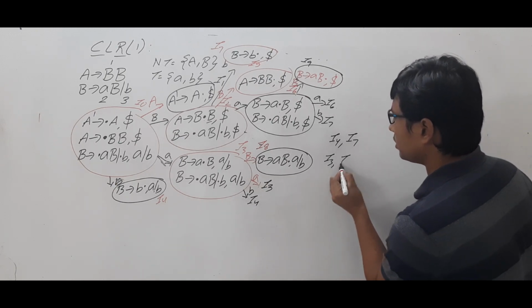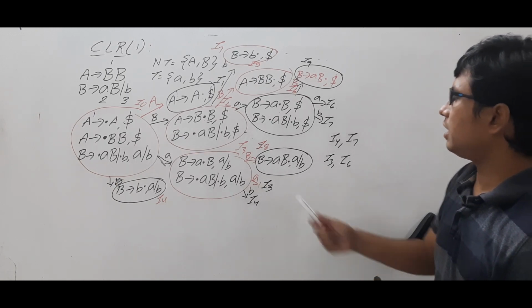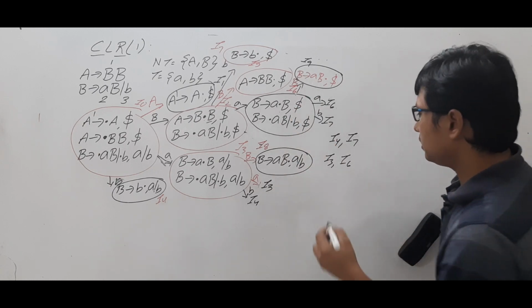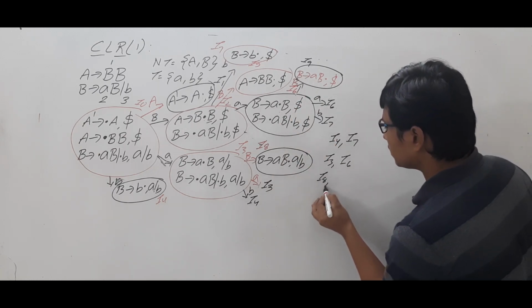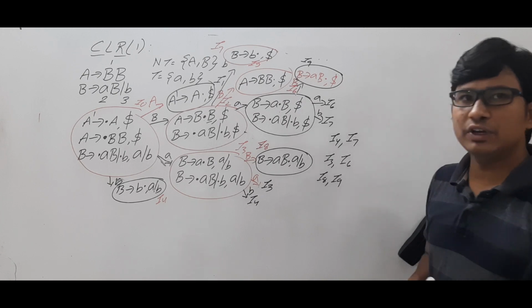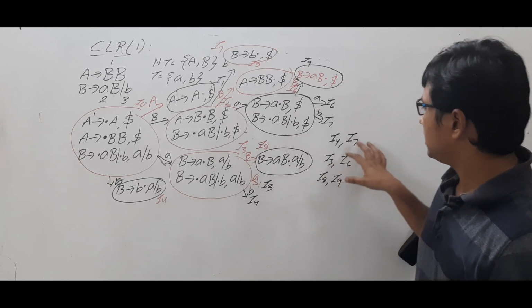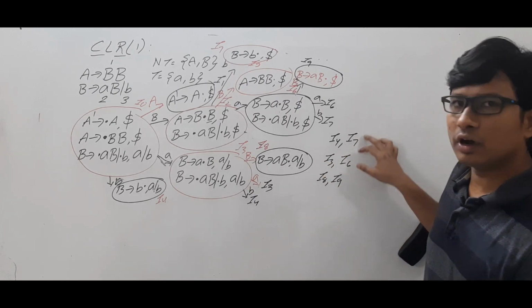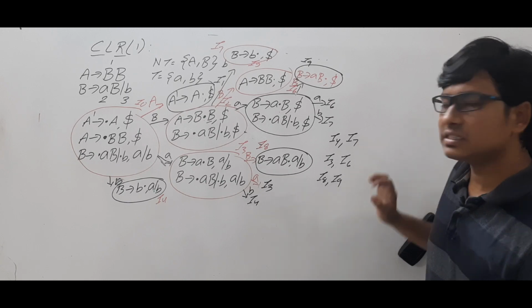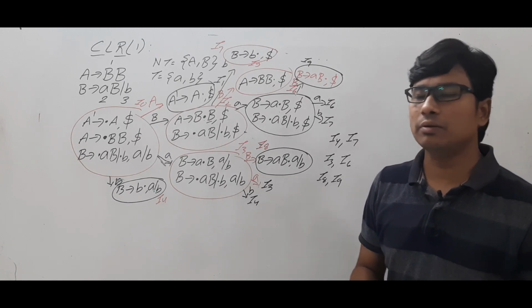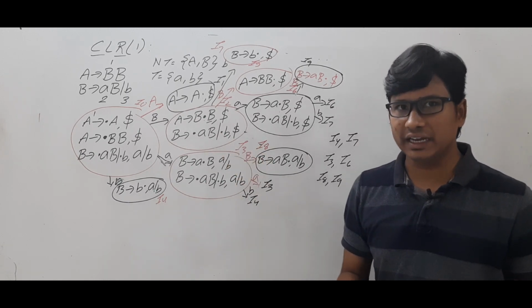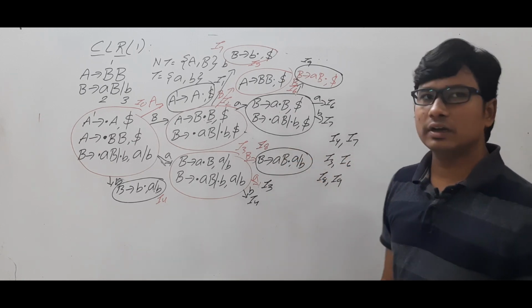Am I right or wrong? Similarly, if you take the I8 and I9, the productions are same and the look ahead is different. If it was LR0 items, this one would have not come. I7, I6 and I9 would have not come, but when it comes to the LR1 items, we got the extra one.